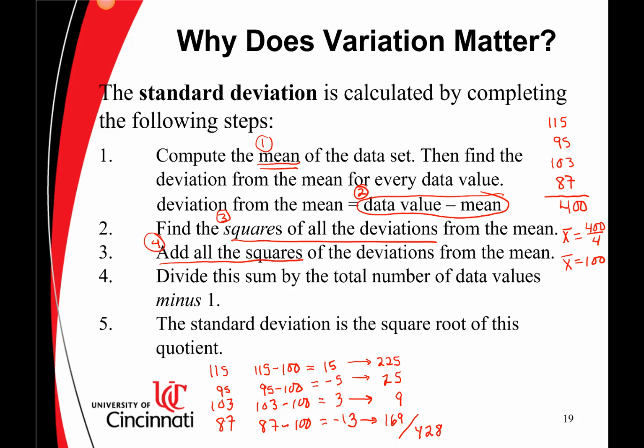The next step is divide by the total number of data points minus 1. Now, we talked about this the other day. The minus 1 is for degrees of freedom. Didn't talk about what that is. There are 2 or 3 things in this. I'm just going to say there they are. The number of data points is 4. So what are we going to divide by?